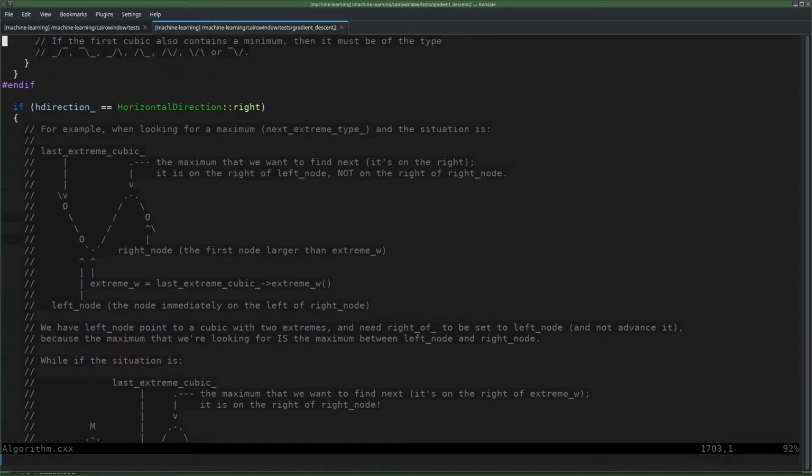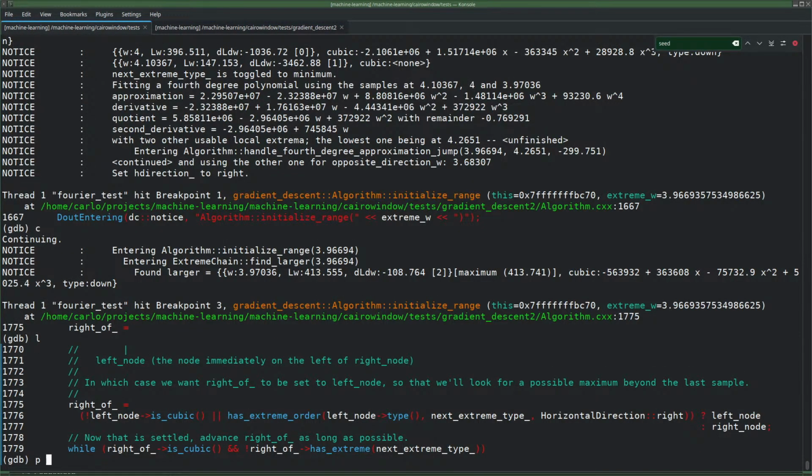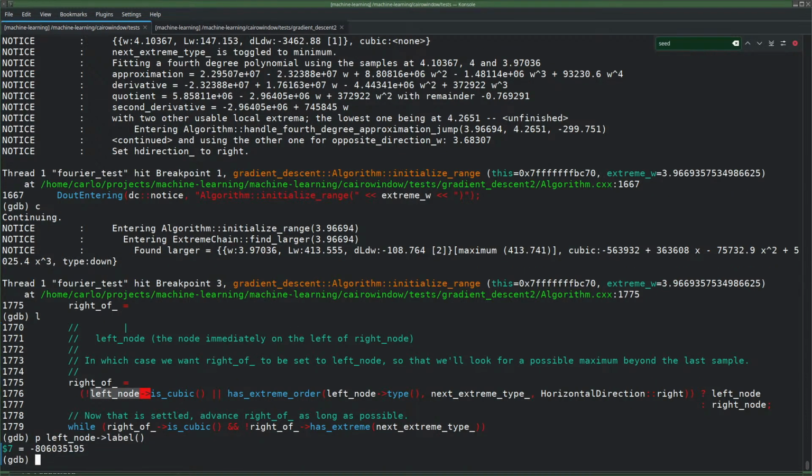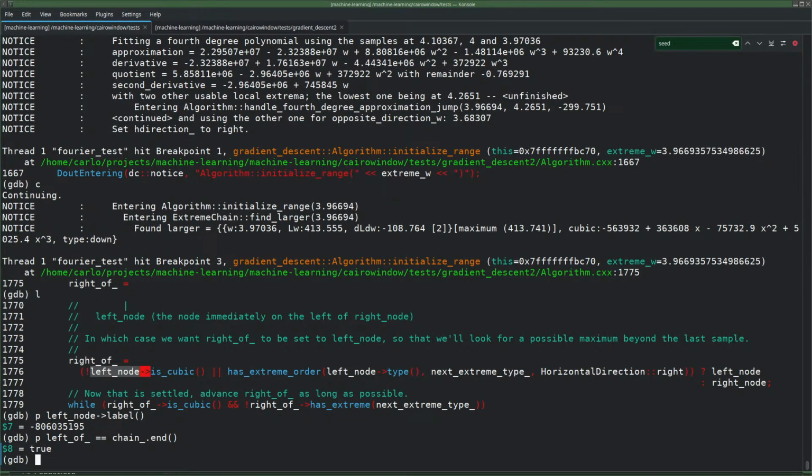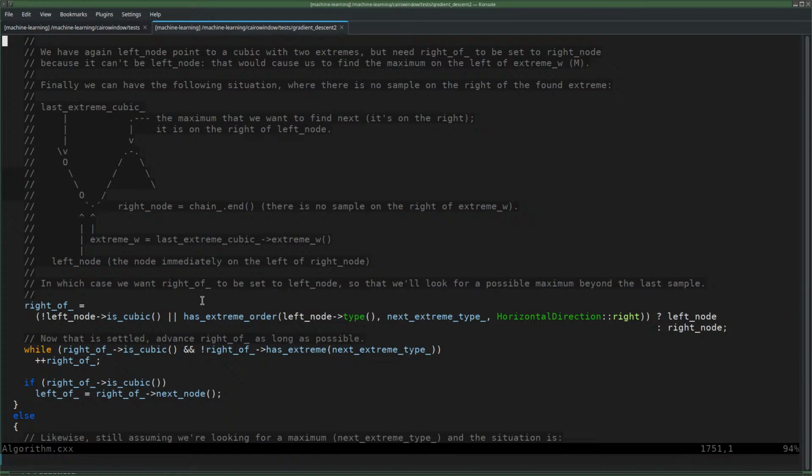So which case do we have? I'm dereferencing left node, so that should already be pointing somewhere. And it isn't. Wow. Seriously? Where did the left node come from then?